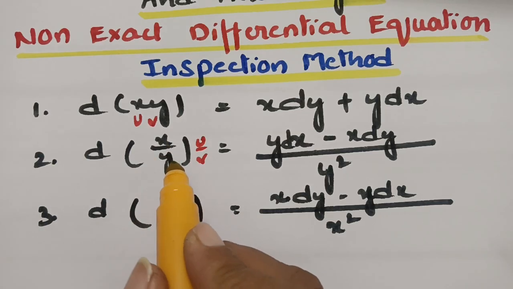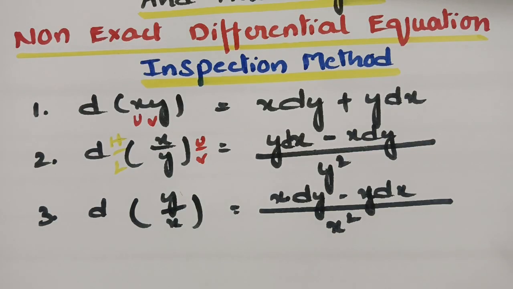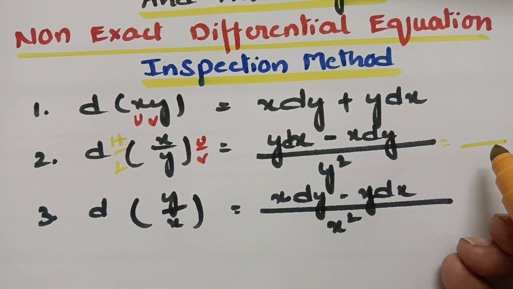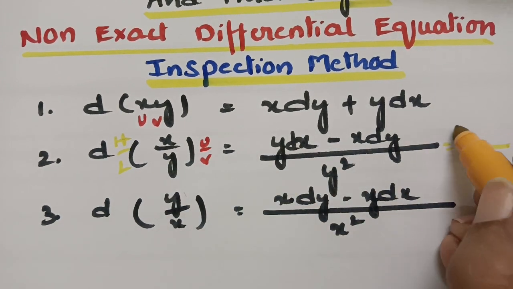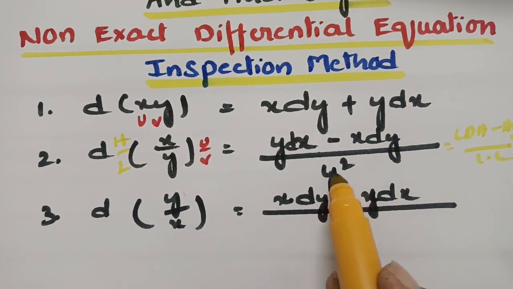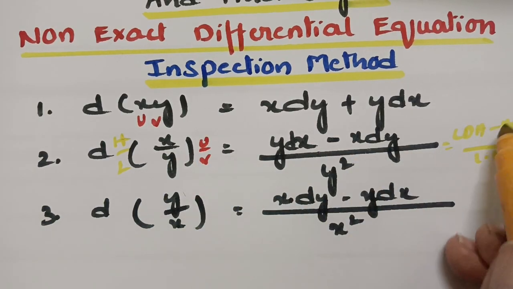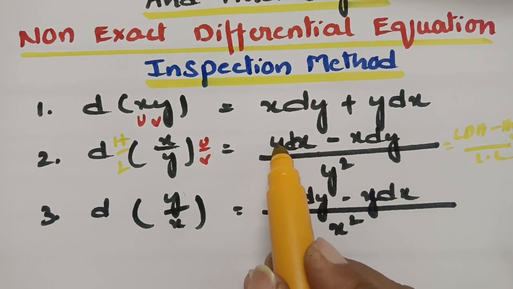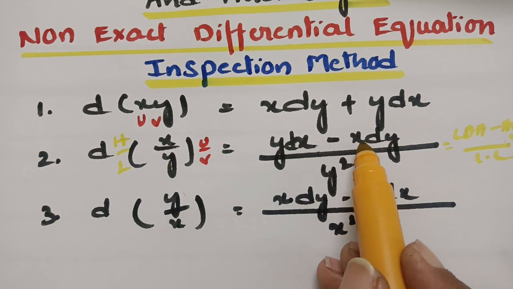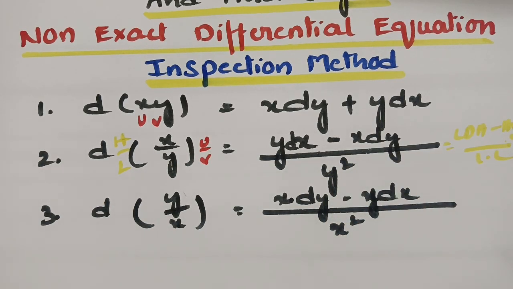In other countries, they call the numerator high and the denominator low. So the formula is low d high minus high d low, over low low, so it is low squared. What is low here? The denominator. Low d high minus high d low by low low. In that way also you can remember.